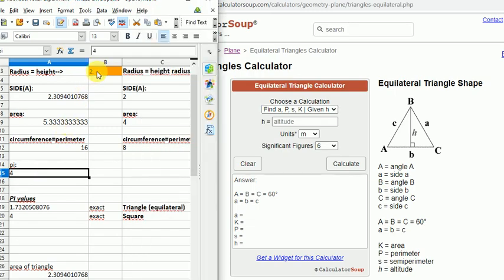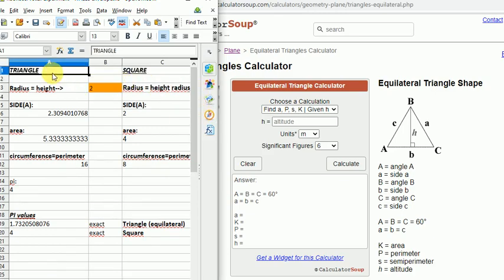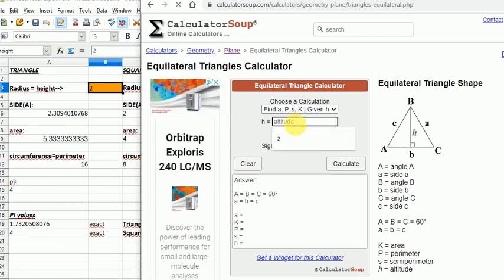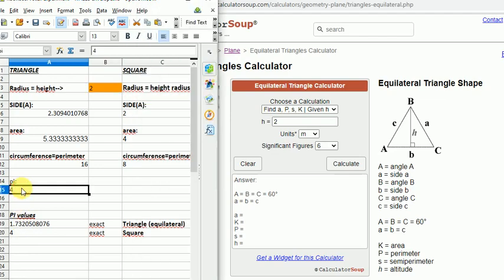So if I choose a height of 2, I plug in 2 here. Now if I set my pi to 3.14, it tells me that the area should be 4.1.